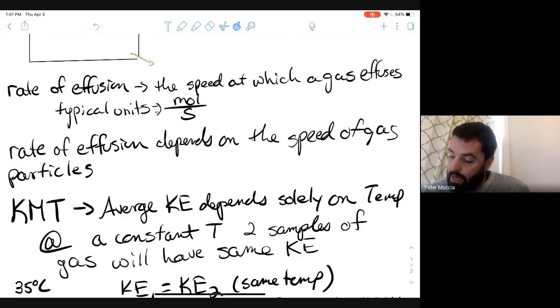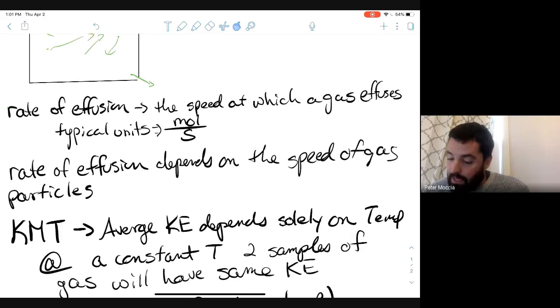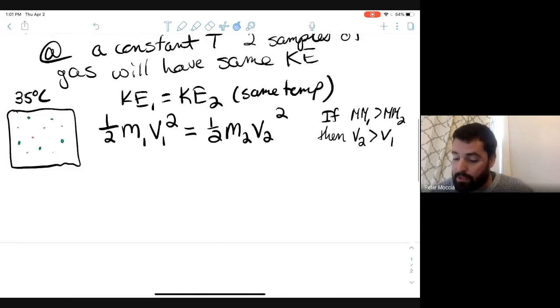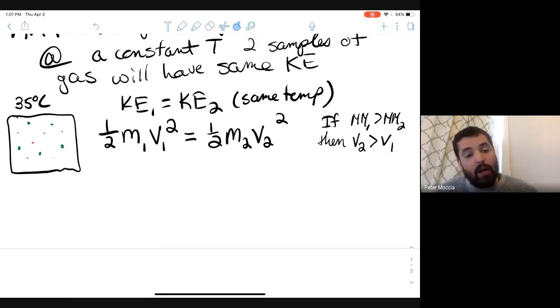And we said the rate of effusion depends on the speed of the gas particles. If the particles are moving faster, then there's a higher likelihood that they're going to get to that pinhole and escape that pinhole. Okay?